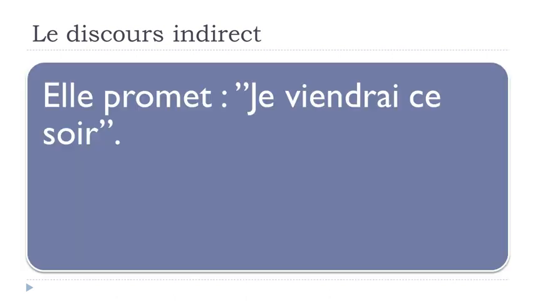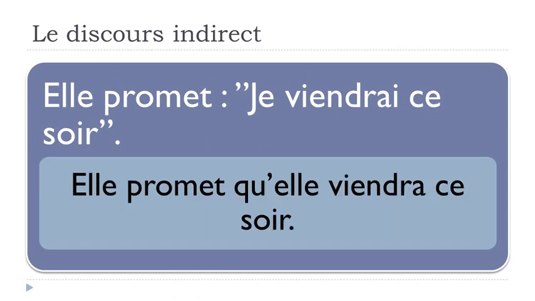Okay, so a third example, elle promet je viendrai ce soir. Okay, promettre is to promise, and then je viendrai, so I will come ce soir, okay? And here, elle promet, okay, que, so we should first have this que. Of course, as we had in the previous example, you must modify this je, okay?